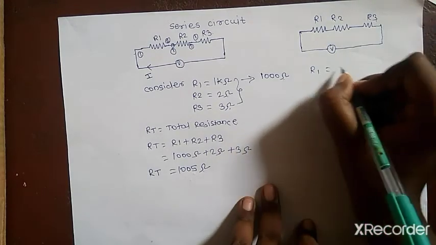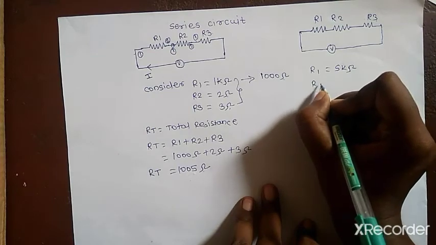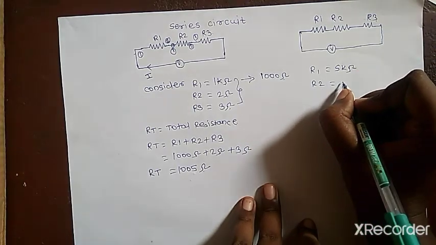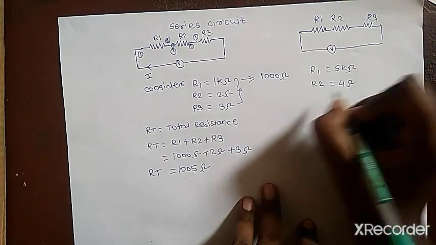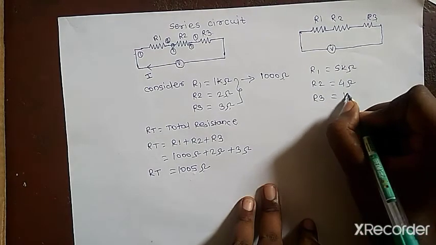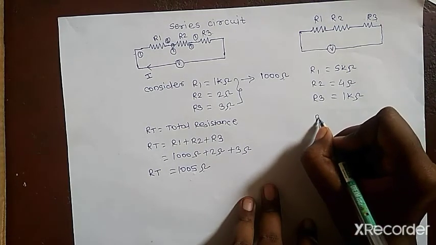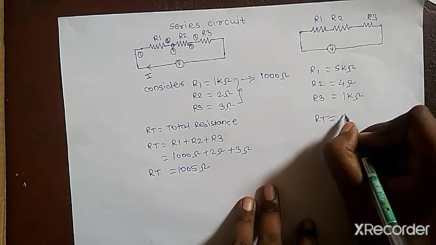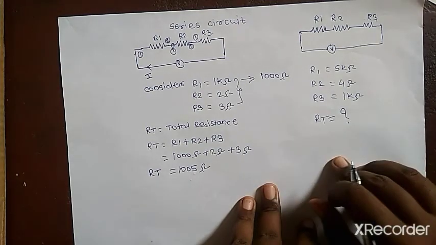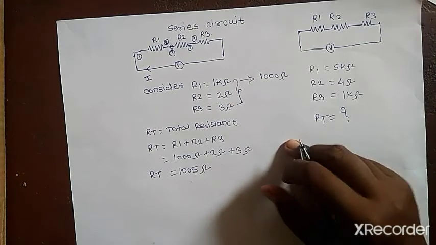R1 is equal to 5 kilo ohm, R2 is equal to 4 ohm and R3 is equal to 1 kilo ohm. What is the total resistance? Comment the answer to this example in the comment box.